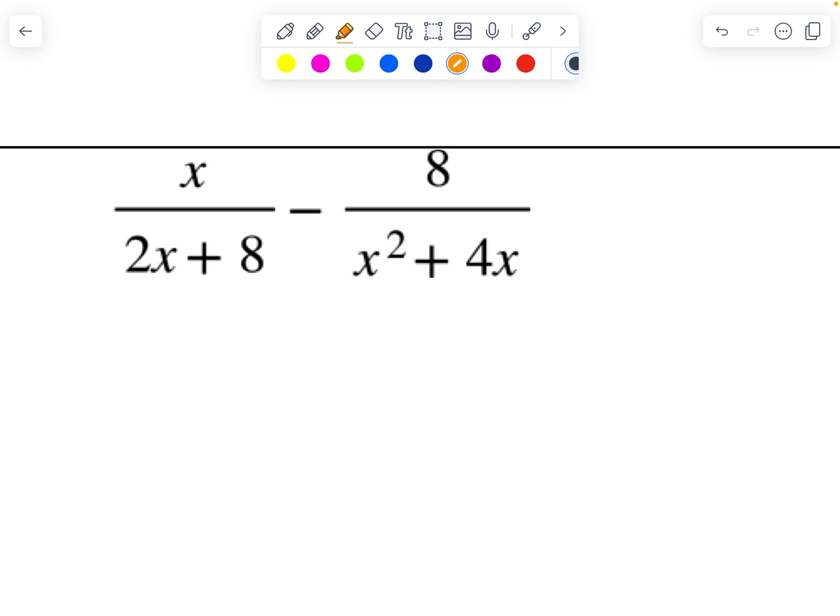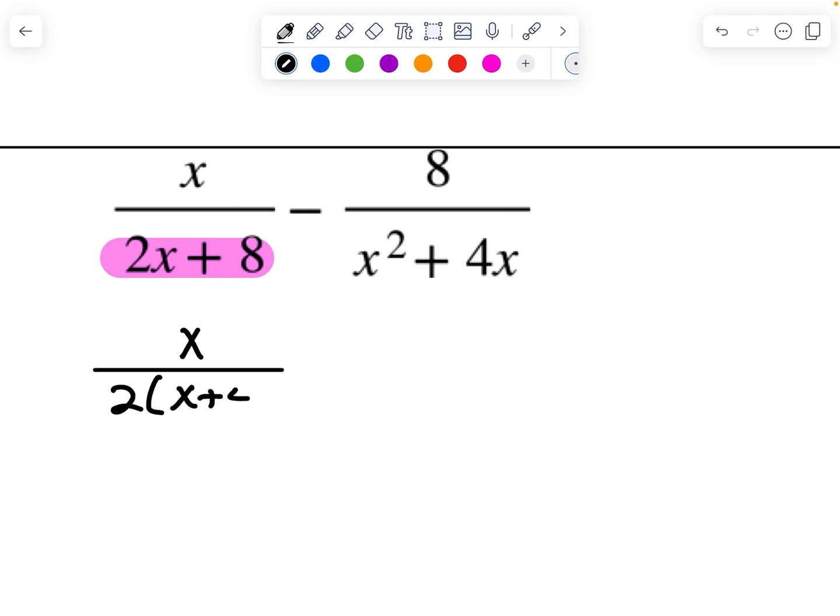We're going to factor. And this guy has the greatest common factor. So we have x divided by 2 times the binomial x plus 4 minus 8 over. This guy is factorable.